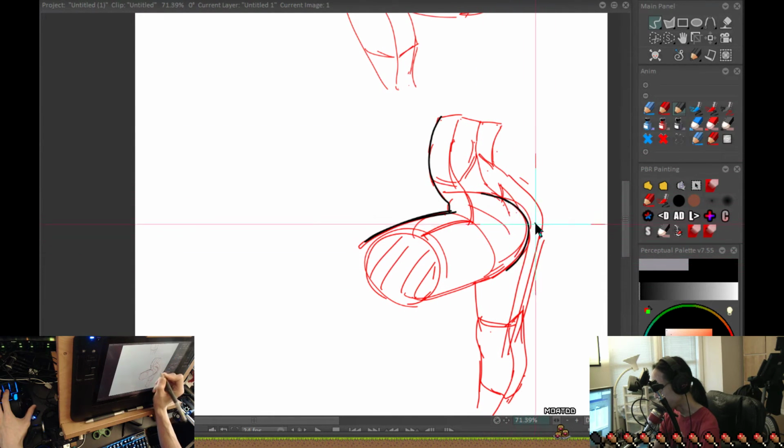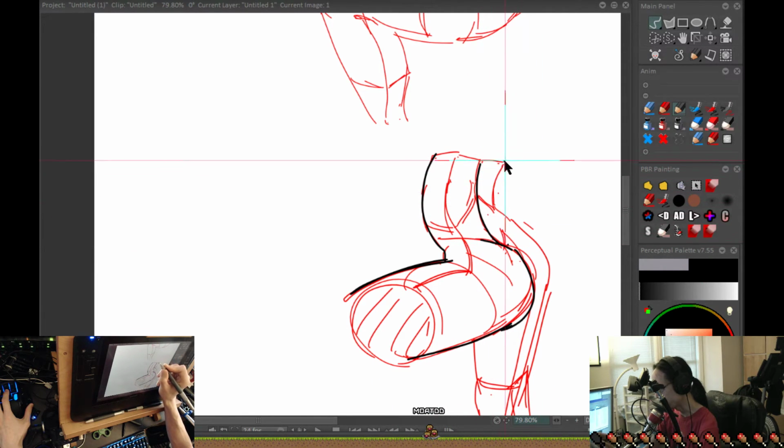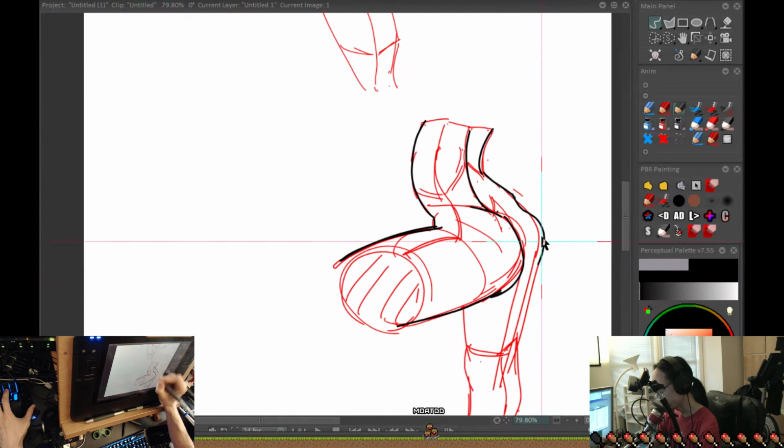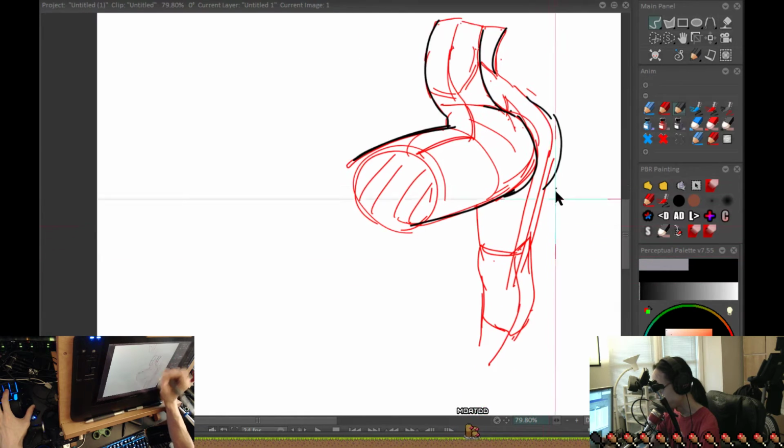Right, there's an overlap line right here. That's just the center line. And this is where you can start to do all the necessary subtle bumps and whatnot, right?